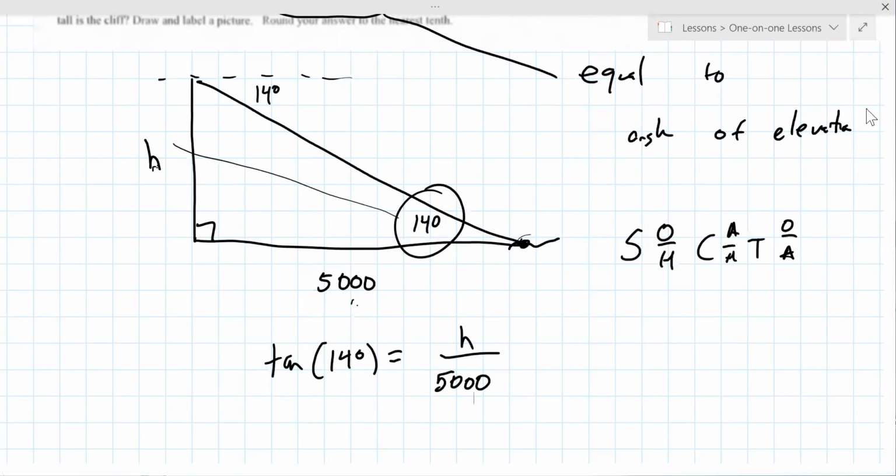So how do you solve that for h? What's the math operation you do there? You multiply by 5,000. Yes. So your h is 5,000 tangent of 14.